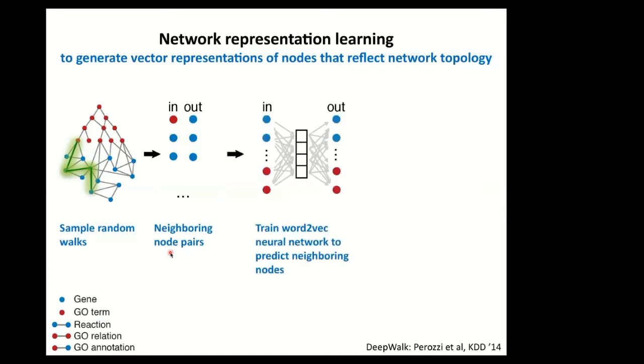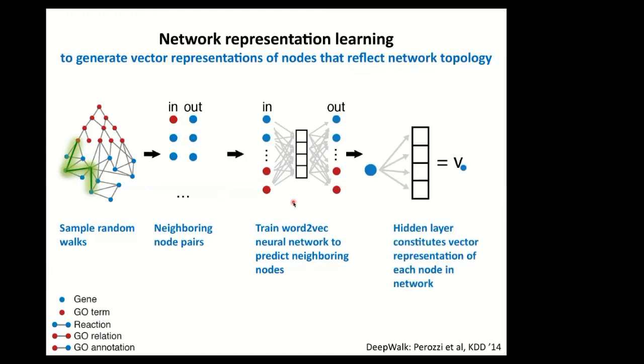We can then train this neural network, basically a single hidden layer, where the input is one of these nodes and the output is the corresponding neighboring node, so that based on the frequency of how often these occur, the network learns the vector representations. The vector representations for each input node are the hidden layer weights.